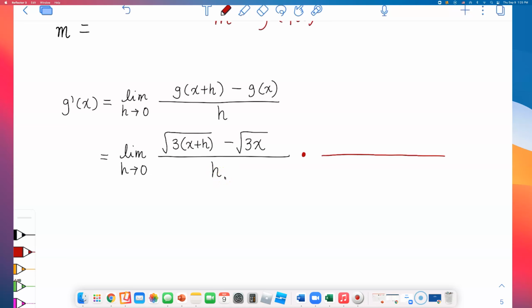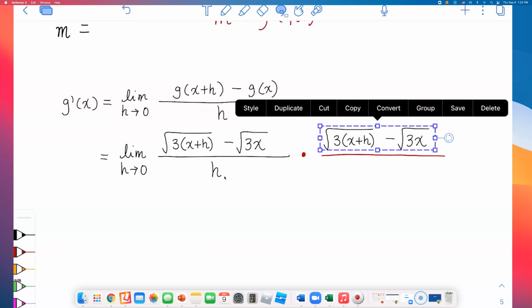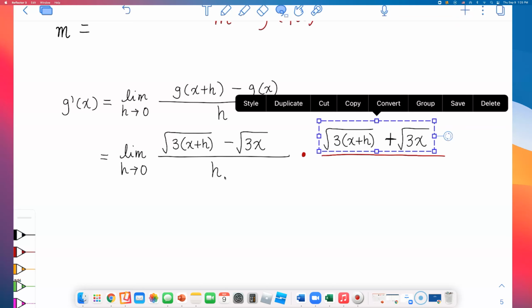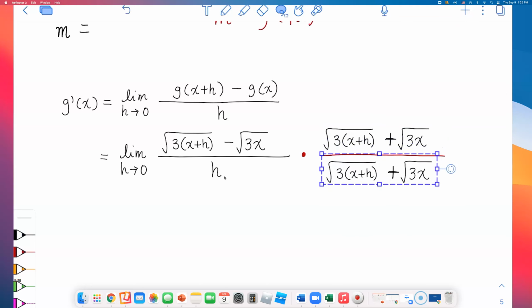So that's why I'm going to multiply the numerator and the denominator by this. Take a look. I'm going to just copy this exactly the same, but changing the sign in the middle to plus. But I can't multiply that just to the top of the fraction, so I'm going to multiply that to the bottom of the fraction too. Because this fraction, it doesn't matter how ugly it is, it really is just 1. Because anything divided by itself is 1, right?